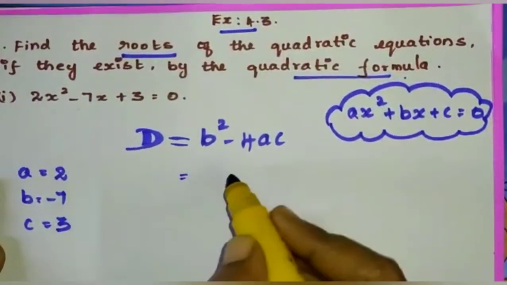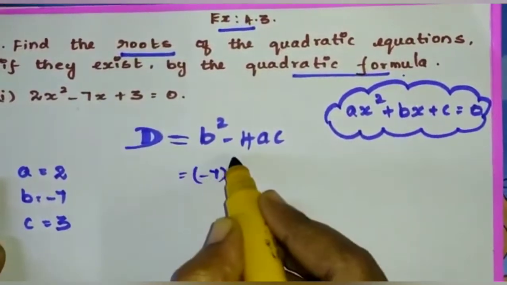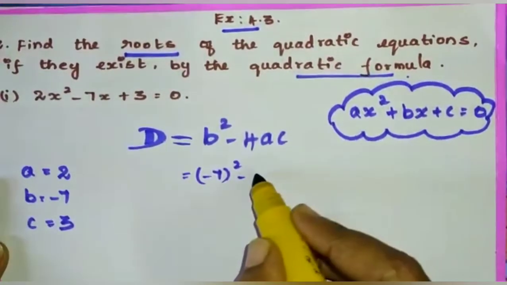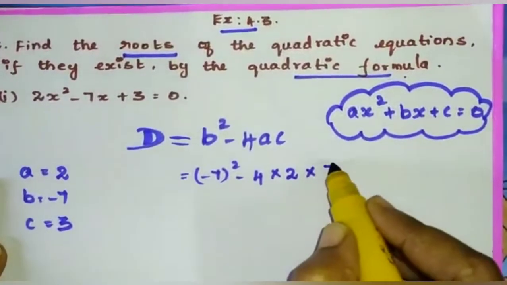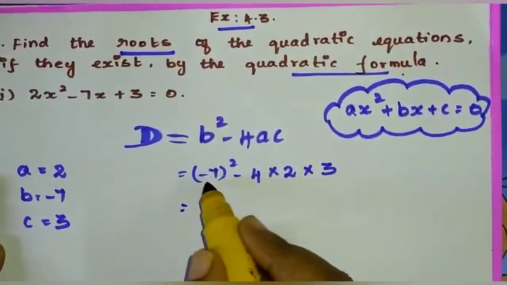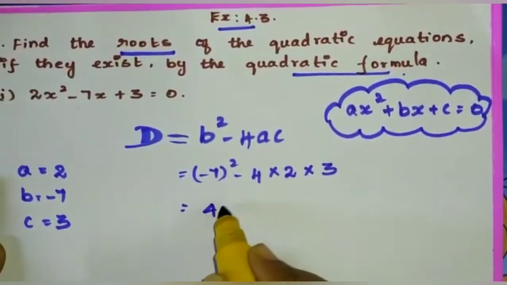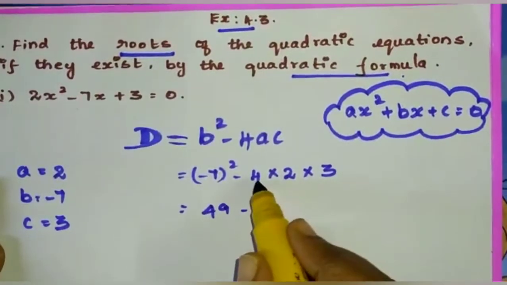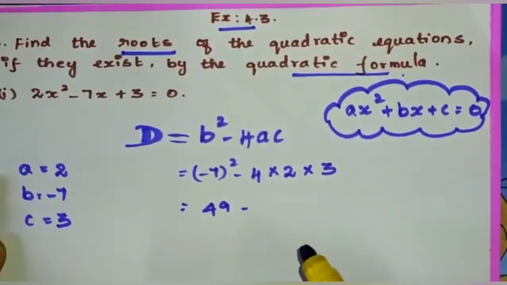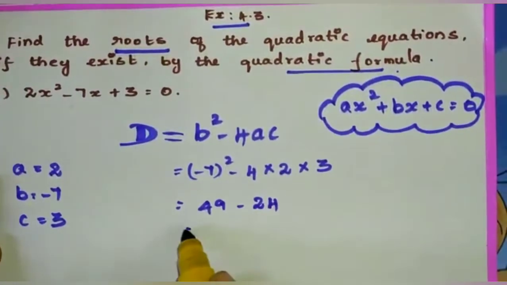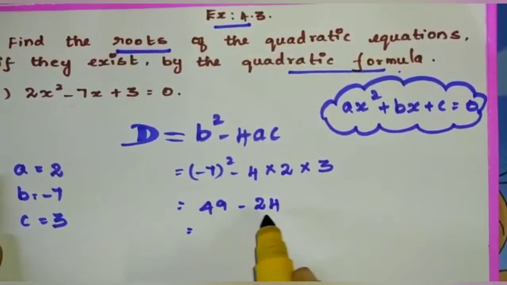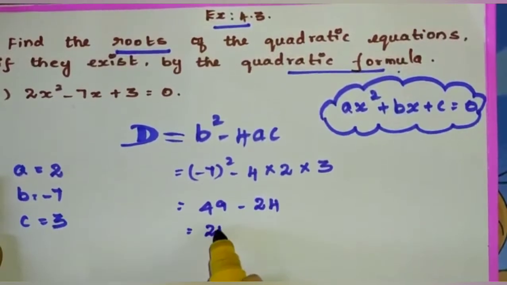So what is the value of b? Minus 7 the whole square minus 4 into 2 into 3. Minus 7 the whole square is 49, minus 4 2s are 8, 8 3s are 24. Then 49 minus 24 is 25.